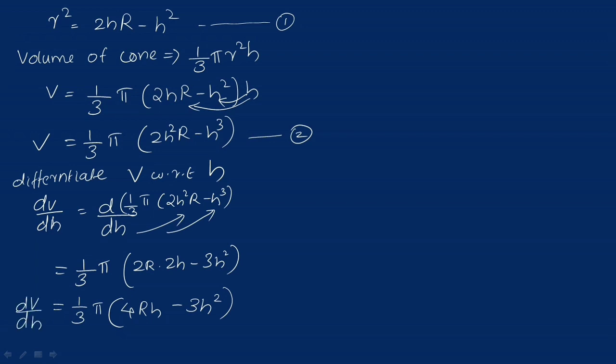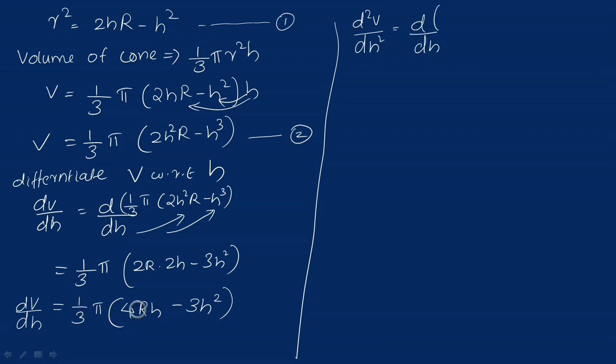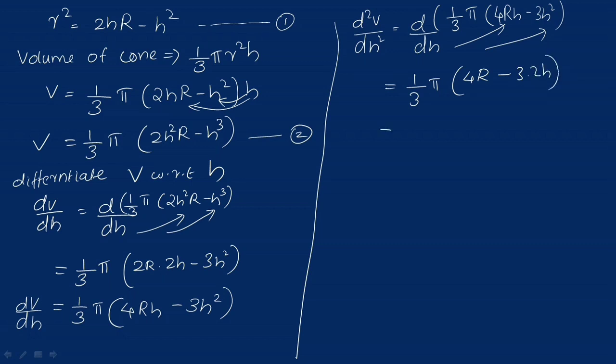Now we will be finding d²V/dh², that is d/dh of (1/3)π(4Rh − 3h²). So here also (1/3)π is constant, so taking that outside, (1/3)π into d/dh of 4Rh, that is 4R is constant, 4R minus 3 into d/dh of h², that is 2h. So we can write d²V/dh² = (π/3)(4R − 6h).